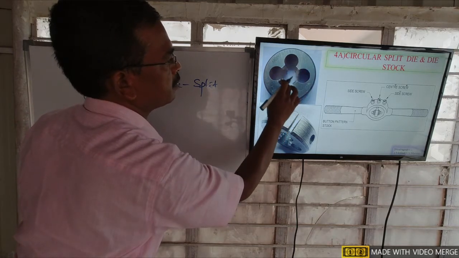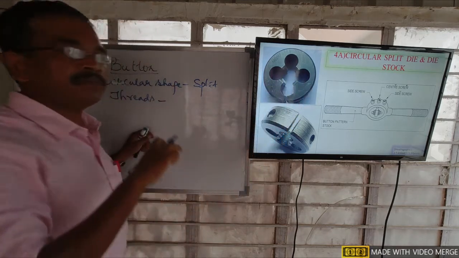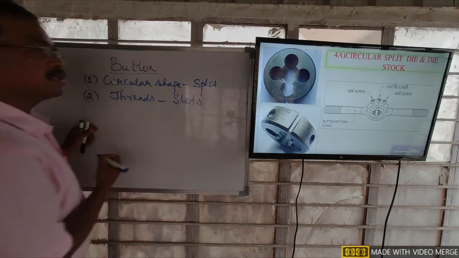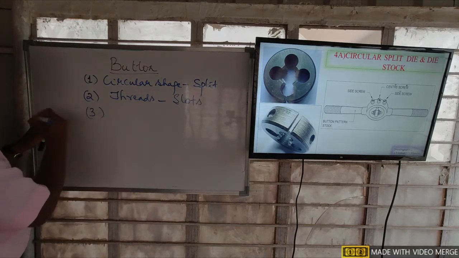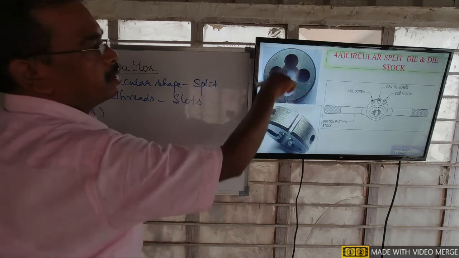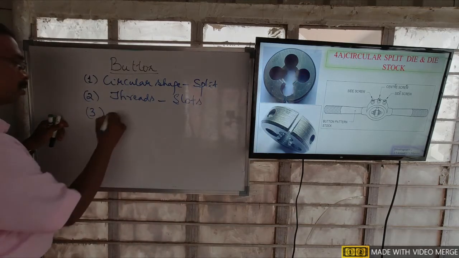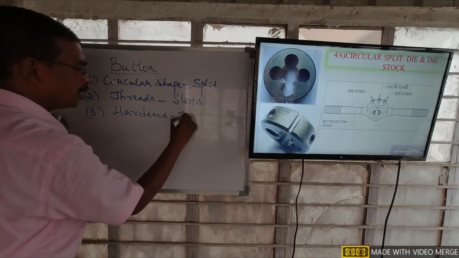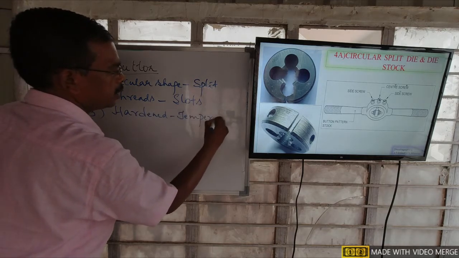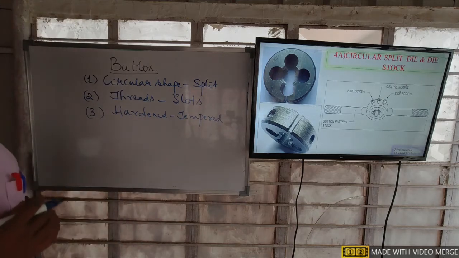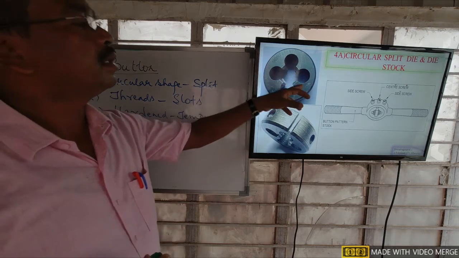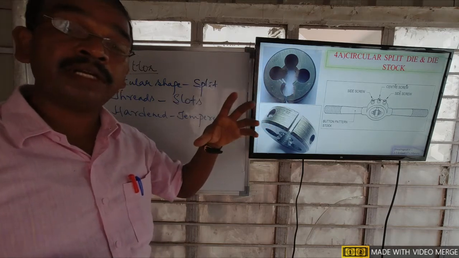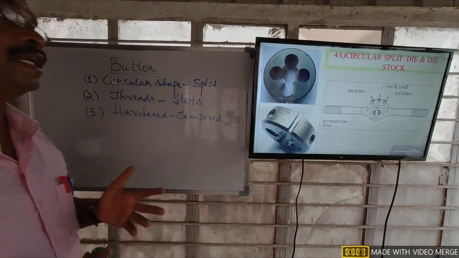These slots are there to facilitate these threads to form the thread on the workpieces. The threads inside the die are hardened and tempered to increase the hardness and toughness of these threads, because it has to form the threads on medium hardened workpieces like mild steel, etc.